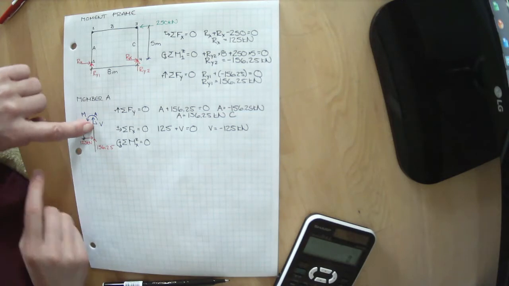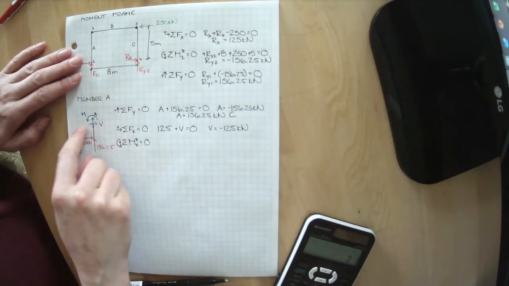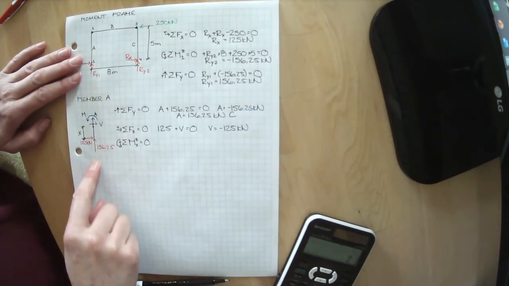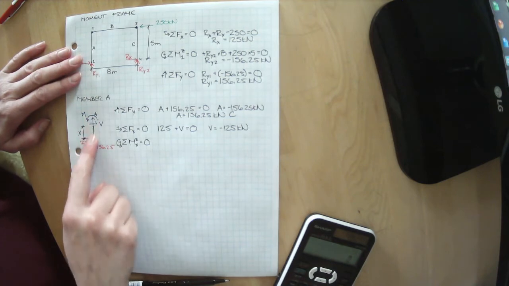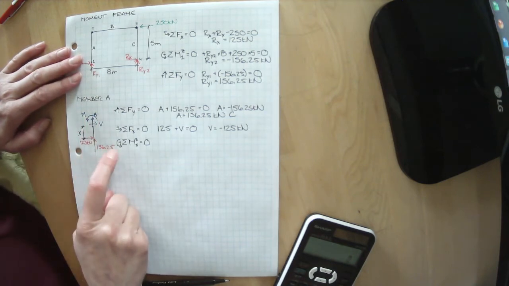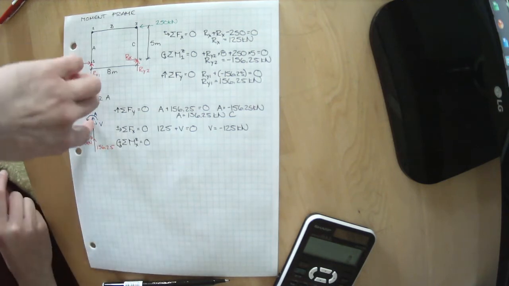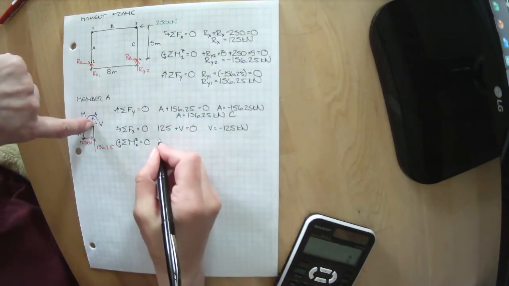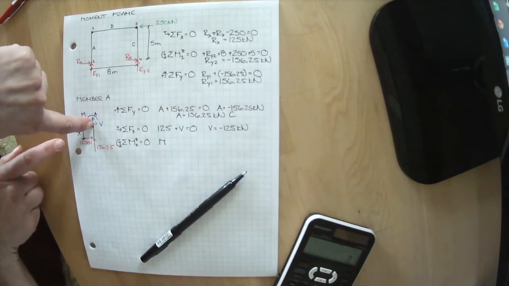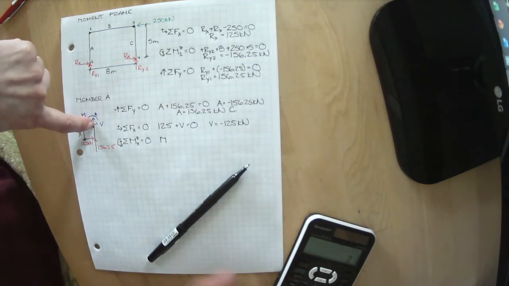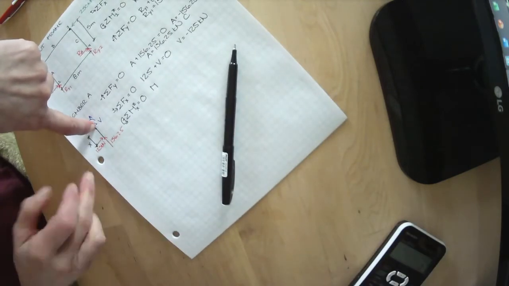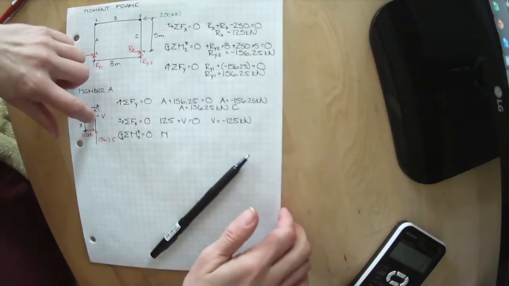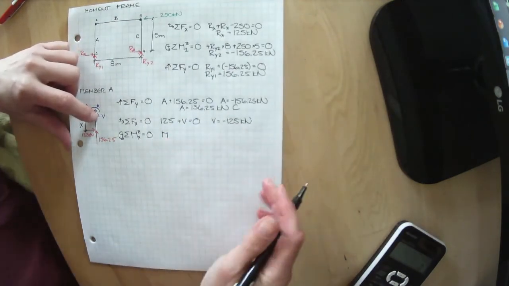So if our thumbtack's right here, V passes through the node, A passes through the node, our reaction of 156.25 passes through the node. The only thing that's left is our moment, which is spinning in the positive direction, and our 125 kilonewtons, which is trying to spin it in that direction, which is the positive direction.